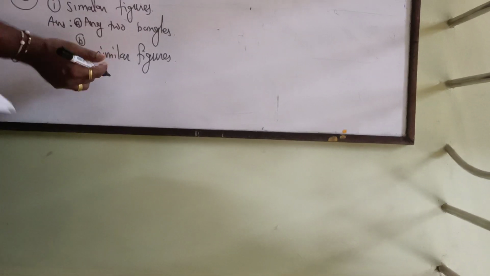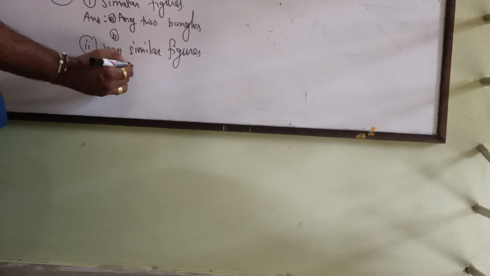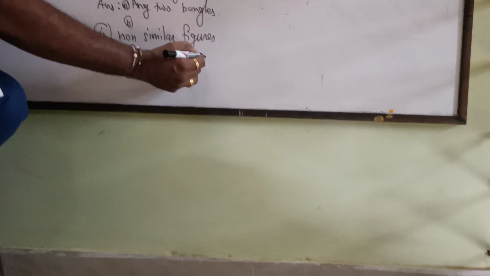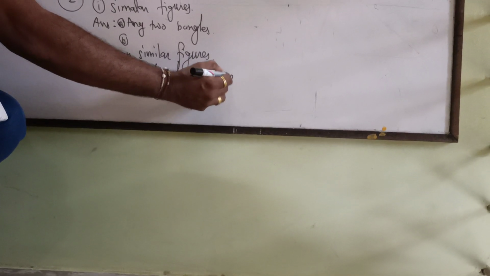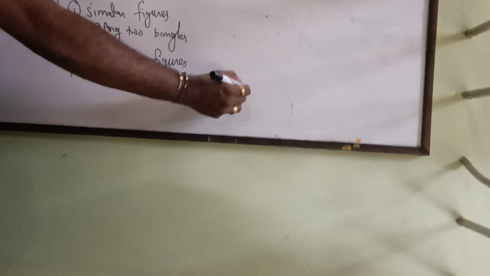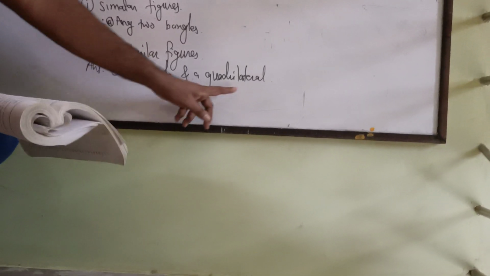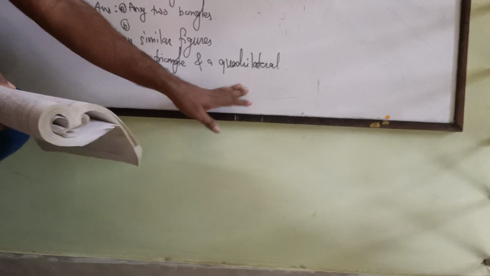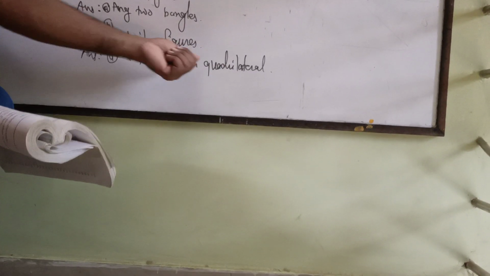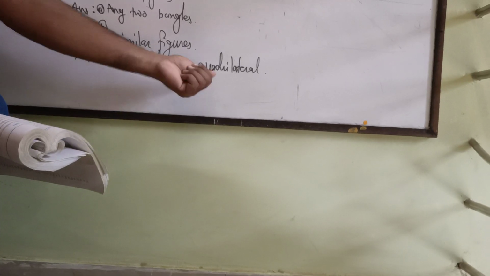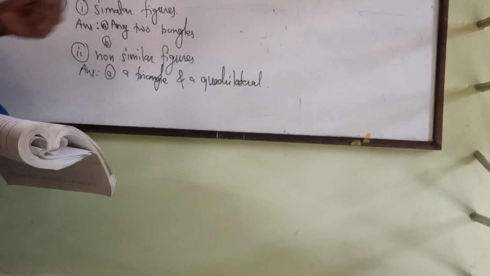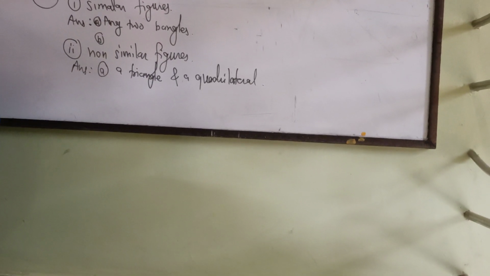So what can I write here? A triangle and a quadrilateral. These two are polygons, right? These two are figures, but one is a triangle and another is a quadrilateral. Any polygon with triangle and quadrilateral, these two will not be similar figures. Second one you have to write down.